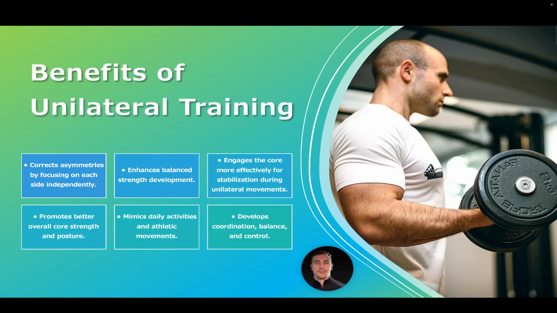And that's what you're going to notice with this versus bilateral. Bilateral is more focused on building your overall strength, whereas this unilateral training is more focused on isolating the body a little bit more, being more stable, and building more coordination and balance. That's what this type of training method involves.